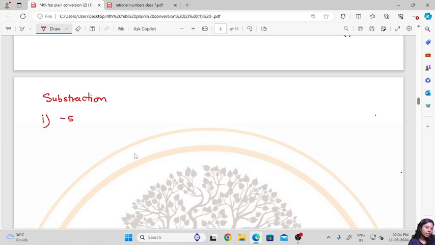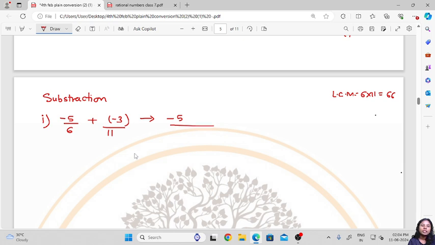So minus 5 upon 6 plus minus 3 upon 11. Now here we know the sign rule. Let's first make the denominator same, then we'll look at the signs. So here our LCM will be 6 into 11, that will be 66.